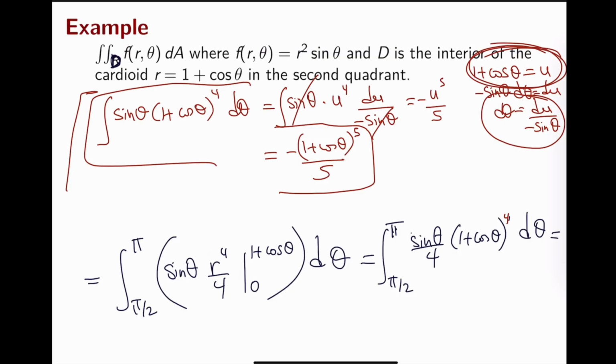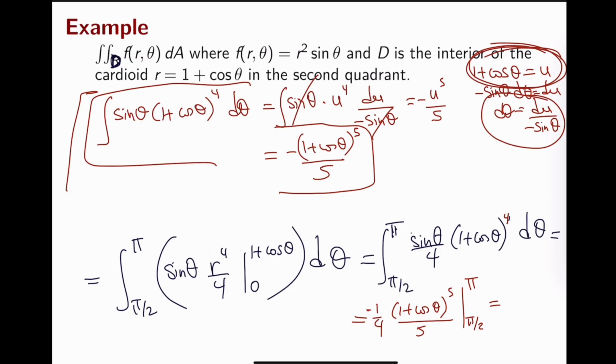And so now we can come back here, and the 4th comes outside, this is 1/4, and the primitive of the function is just this that we calculated before, which is minus in front and (1 plus cosine) to the 5th power divided by 5. And this should be evaluated between pi half and pi.